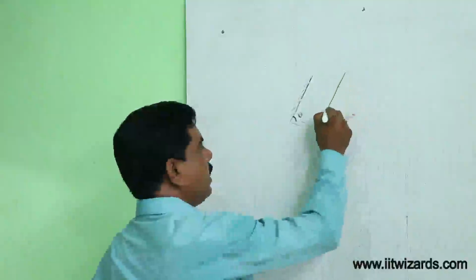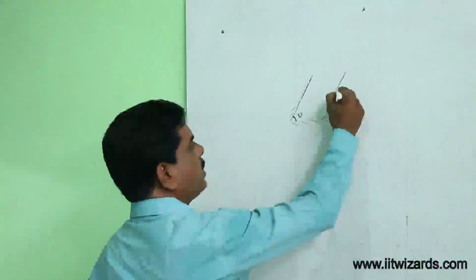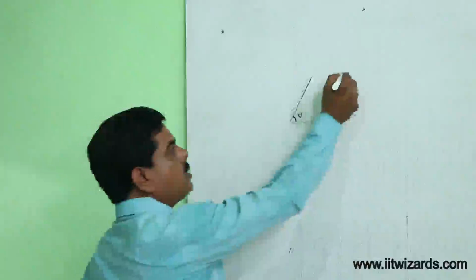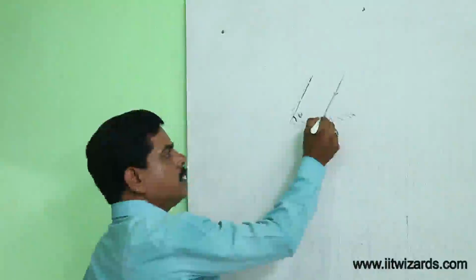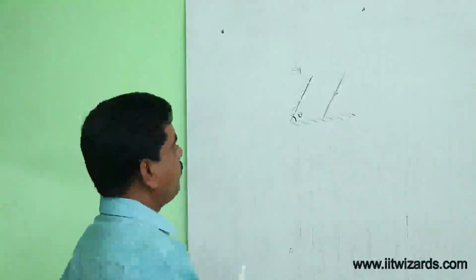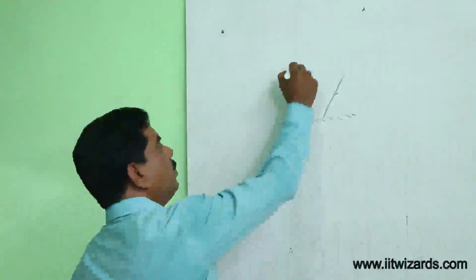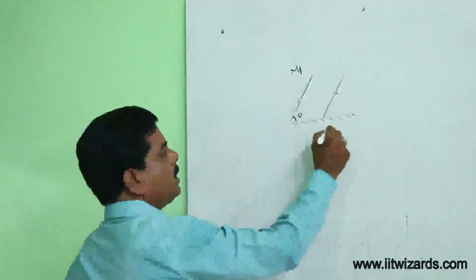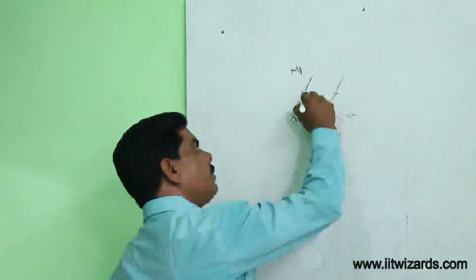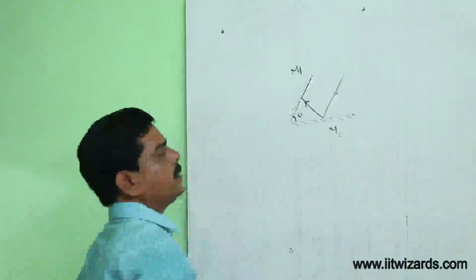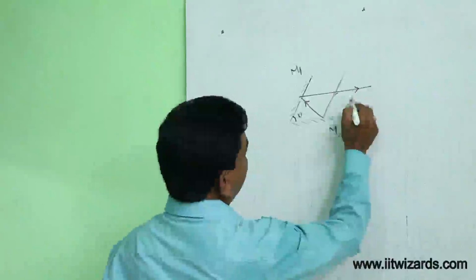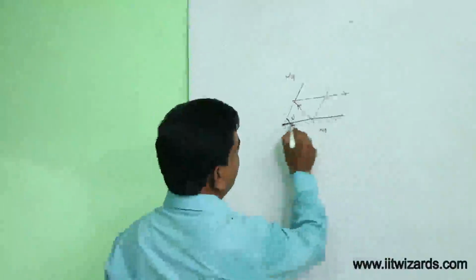Now, let us say a ray of light is incident like this. Note that this ray of light is parallel to the first mirror, M1. Say this is the mirror M2. After reflection from M2, the ray of light has been rendered parallel to the second mirror.